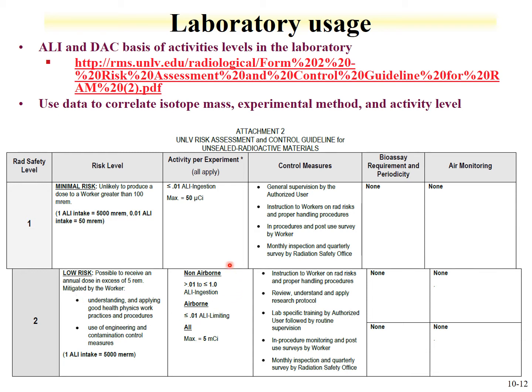If the activity for the isotopes one is working with approaches 1 ALI, then the rad worker level is 2, or an airborne ALI of 0.1, the rad worker level is 2. This means that the researcher needs a little bit more skill, a little bit more supervision in working with activity.